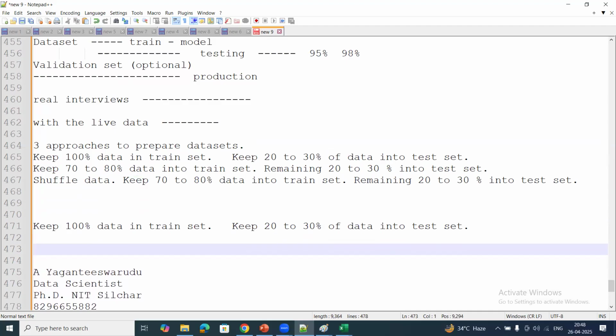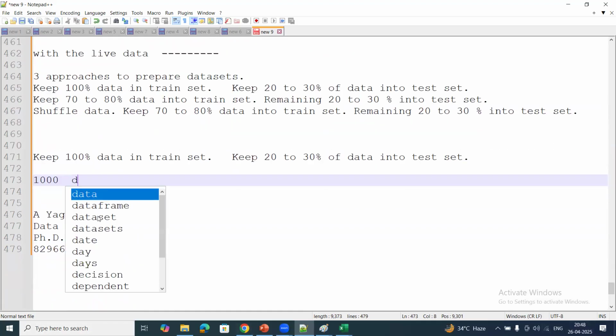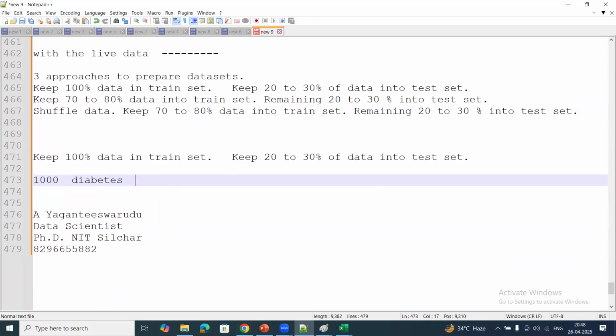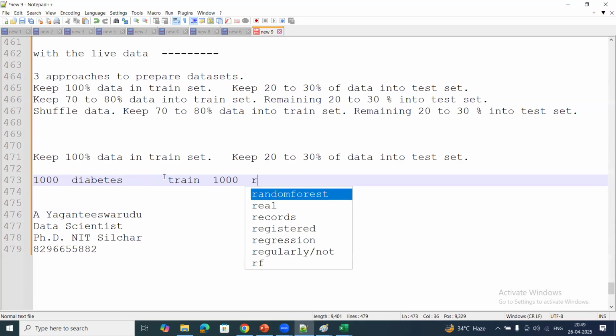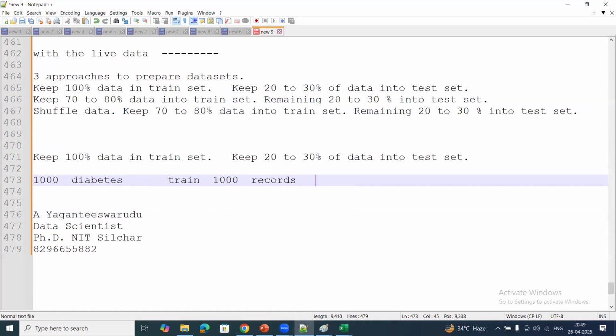Here, what is the problem? Keep 100% data. Let us say I have 1000 diabetes records. Out of 1000 diabetes records, what this approach is telling is: train with 1000 records.